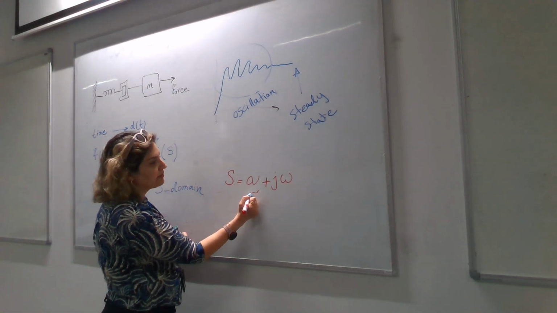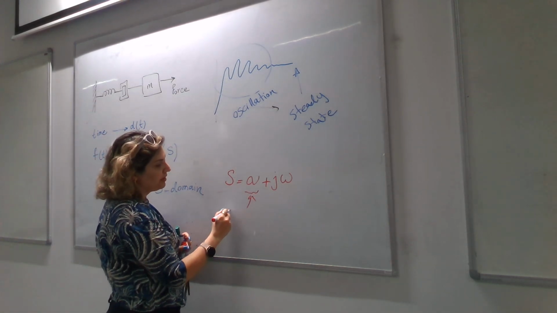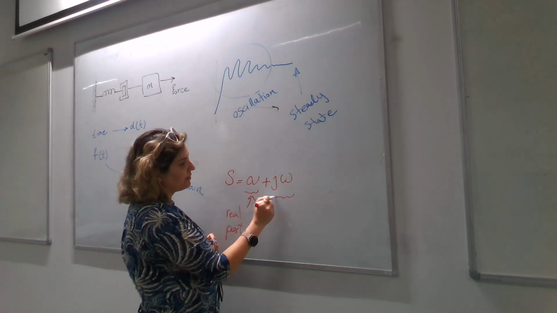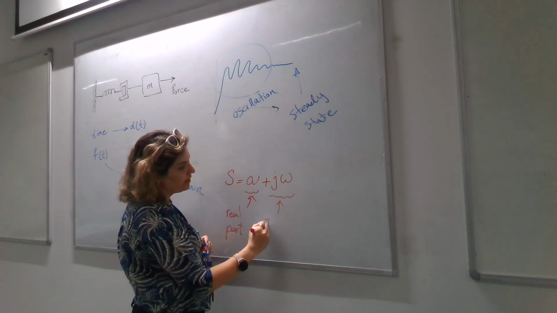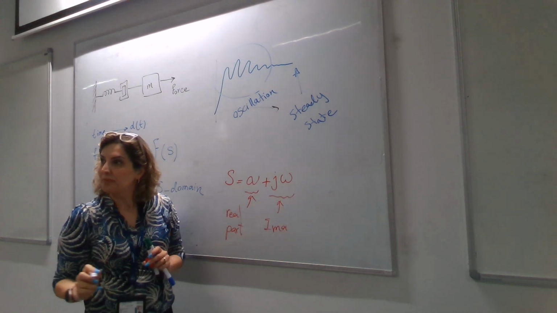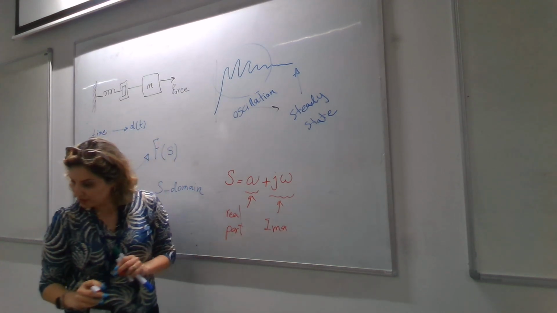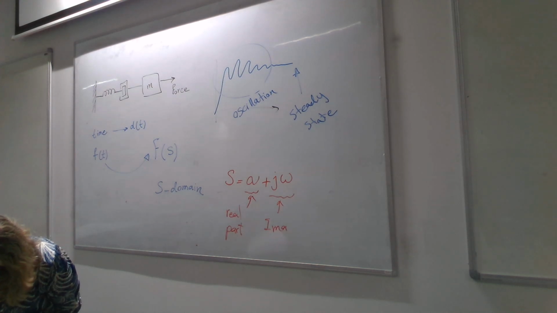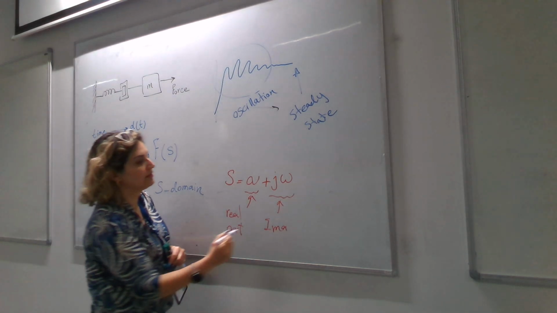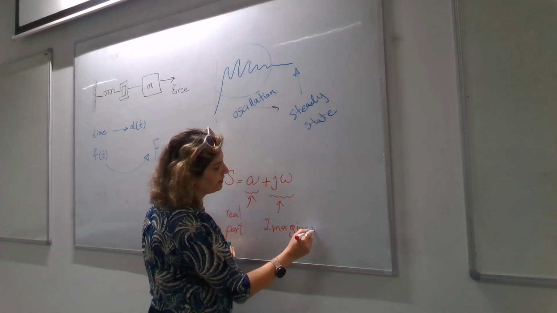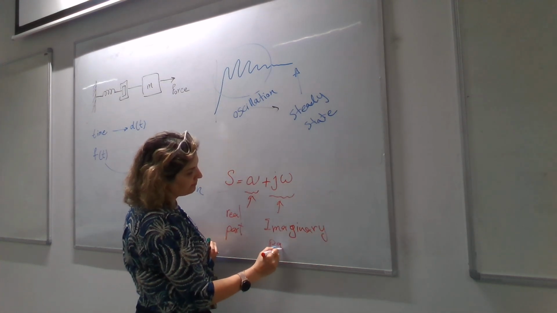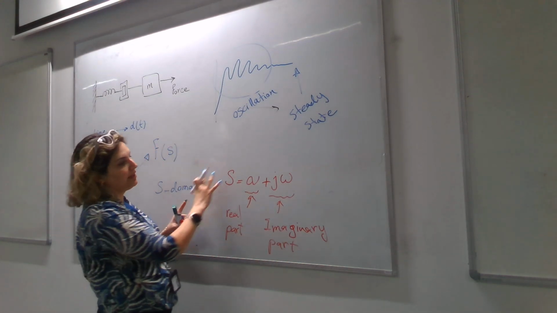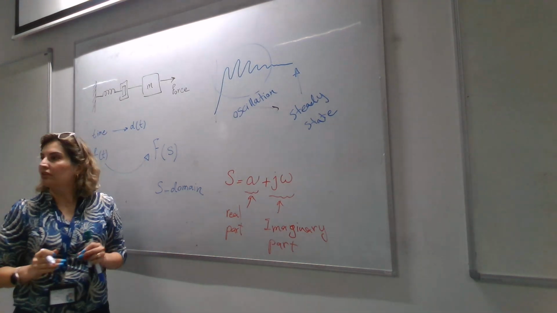So this part is going to be our real part, and then the second part is going to be our, what is it? Imaginary. Am I writing the English correctly? Is it double M or no, imaginary? Yeah, imaginary part.